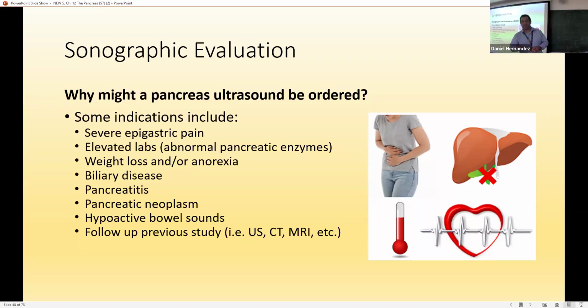All right, amylase is elevated, lipase is elevated. That's good, I've got my indications right there for doing this exam. So again, elevated labs, abnormal pancreatic enzymes. We're looking at amylase, we're looking at lipase, the two biggies. Severe epigastric pain, so again, abdominal pain. Maybe the patients have unexplained weight loss or anorexia, they're not hungry.